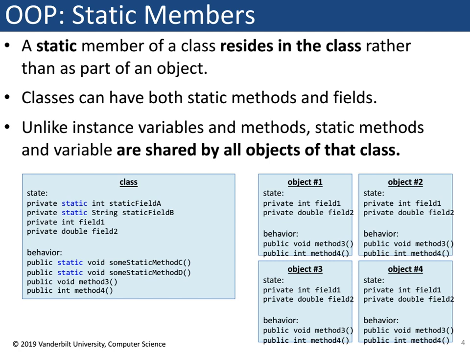So if we have some class with static fields A and B and instance fields 1 and 2, as well as static methods C and D, and instance methods 3 and 4, all the numbers are instance, so they're going to have copies inside of each of the instance objects.